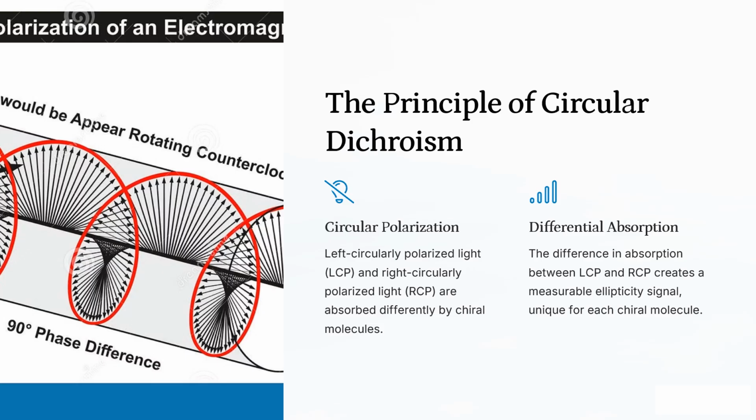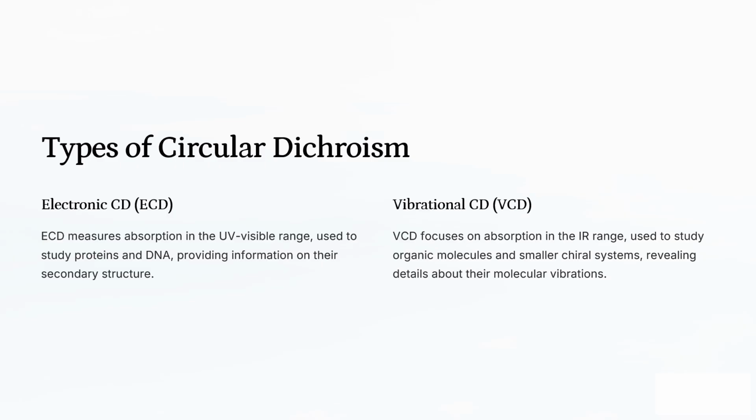Left and right circularly polarized light are absorbed differently by these molecules. This resulting difference in absorption is called ellipticity, and that is what we measure in CD spectroscopy. This ellipticity is unique for each molecule.